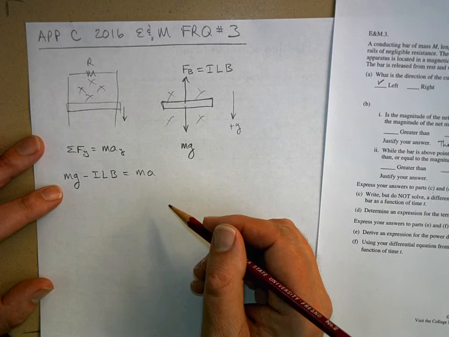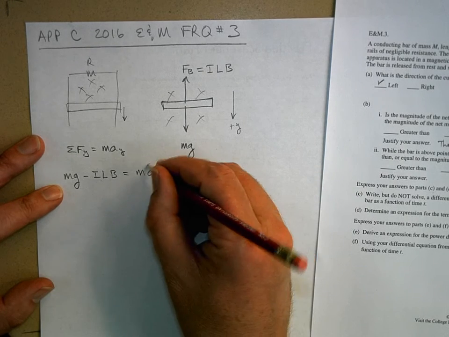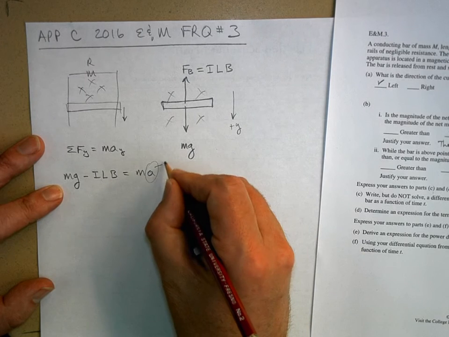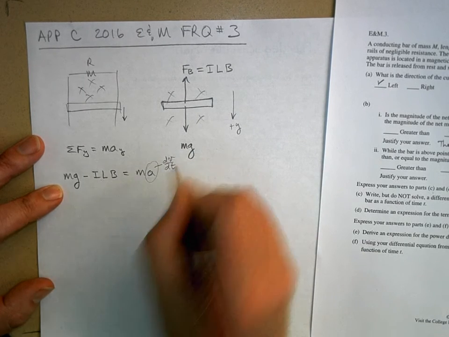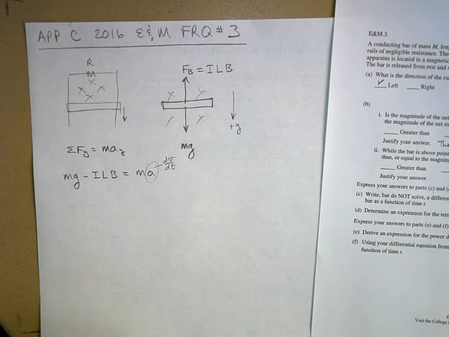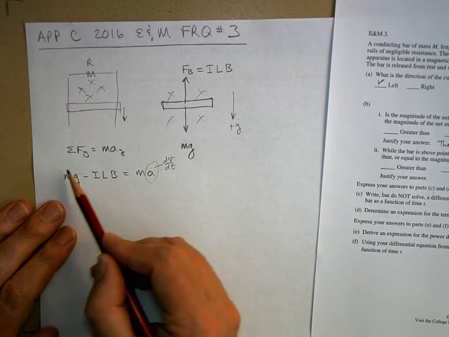Now this is cool because a is dv/dt. That's the rate at which I'm changing the downward velocity. And this is a constant they're given.